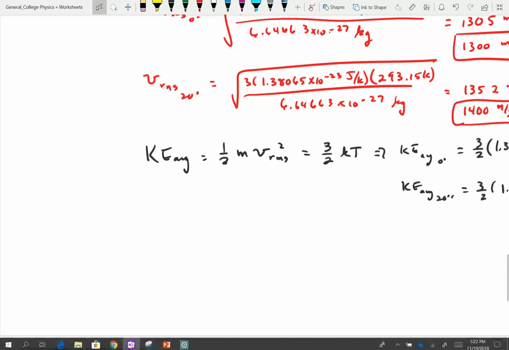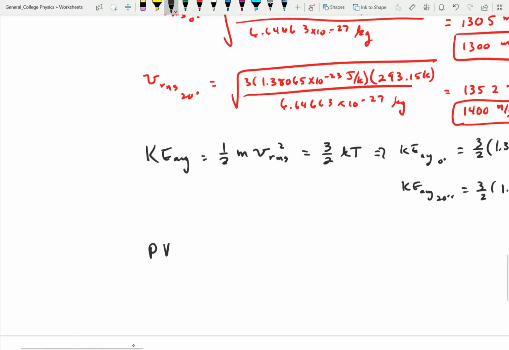Now, the last thing we have to calculate is the volume. So we have PV equals nRT. If I put subscripts, P1V1 equals nRT1. I didn't put a subscript on n because it stays the same. Divide that by P2V2 equals nRT2.